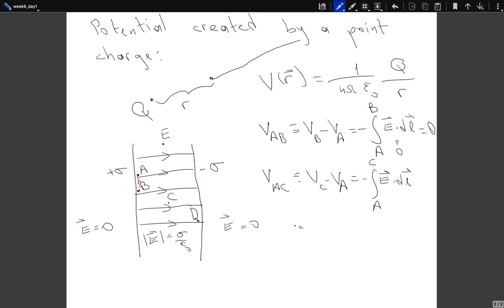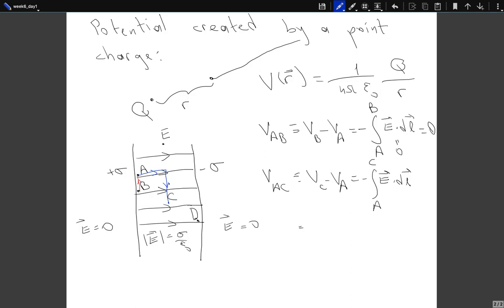Simplify meaning that if this scalar product is 0, that is simple, the integral is just 0. Or if the angle between E and dl is constant, then I don't need to worry about changing angles. The magnitude of E is constant anyway. So I will choose this path. First along the electric field lines, and then straight down. This is my path. As I said, you can choose any path that you like. All of the paths, if you calculate it properly, should give you exactly the same answer.